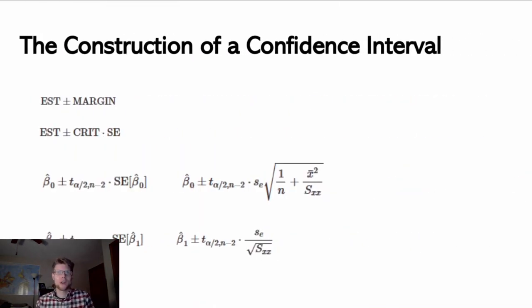So the construction of a confidence interval, how do we calculate this margin of error? It's going to be the standard error of our sample statistic times the critical value associated with that amount of confidence that we want, as well as the degrees of freedom that we have in the case of a t-distribution.